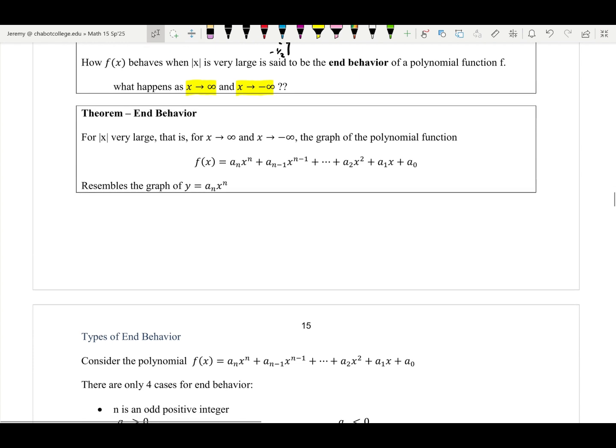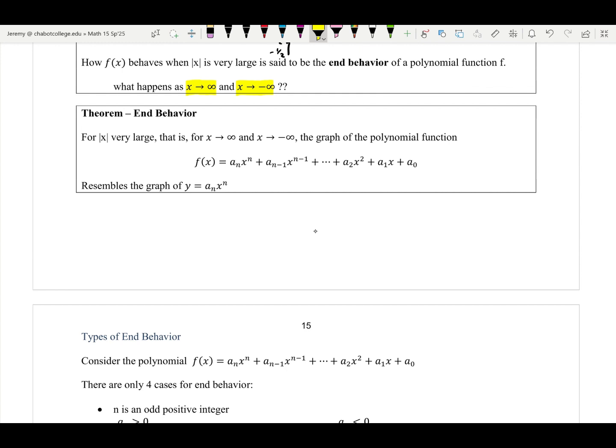Okay, and then here's a theorem for polynomials for absolute value of x very large, that is as x goes to positive infinity and as x goes to negative infinity, like we were just discussing. The graph of the polynomial function f of x, here it is, just our general polynomial, is going to resemble the graph of y equals a sub n x to the n.